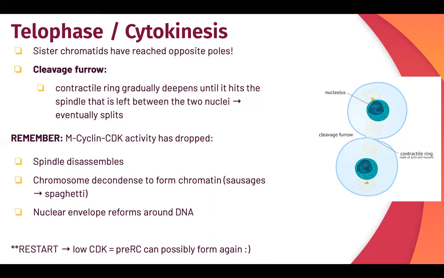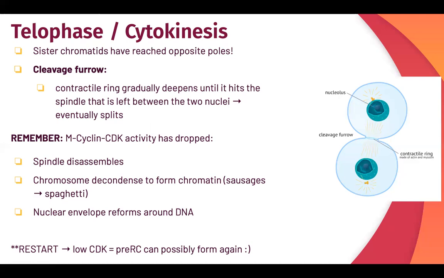And it was also causing a bunch of motors and microtubules and that formation for the spindle assembly. So now that your CDK levels have dropped, the opposite is going to happen. Your spindles are going to disassemble, your chromosomes are going to decondense, and your nuclear envelope is going to reform around all of this new DNA.